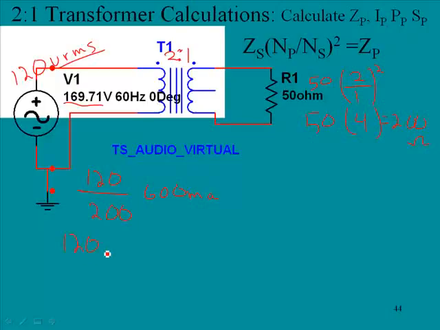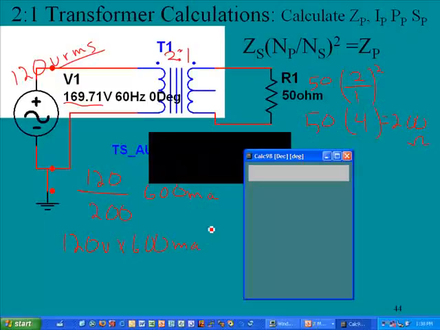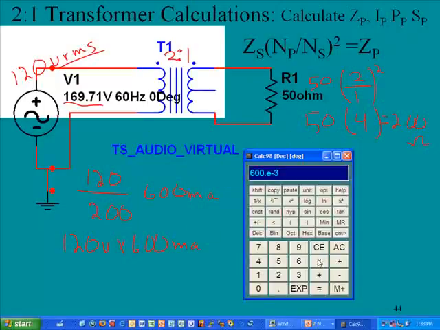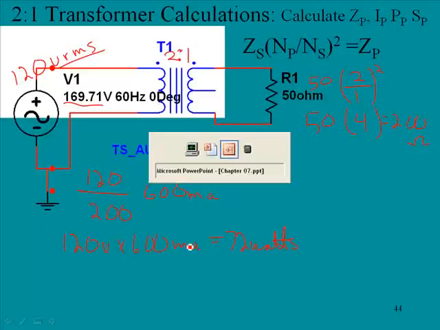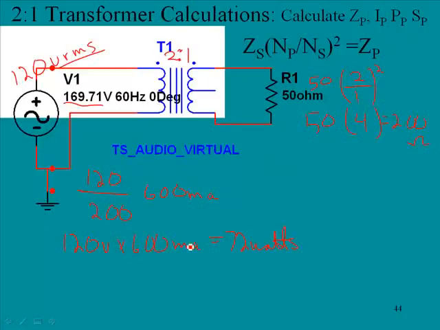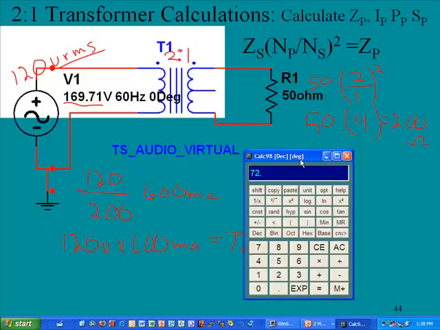So we have 600 milliamps here, and if we wanted to calculate the primary power, we would take 120 volts times the 600 milliamps. That will give us 72 watts of power, and that should be the same thing that we're seeing in the secondary. So let's do our secondary calculation.